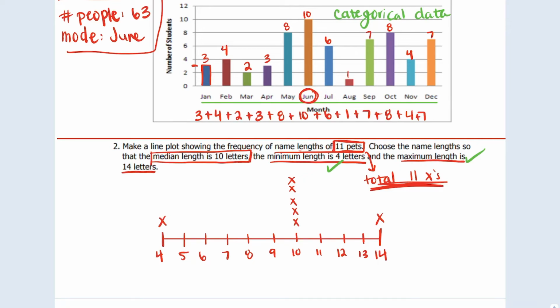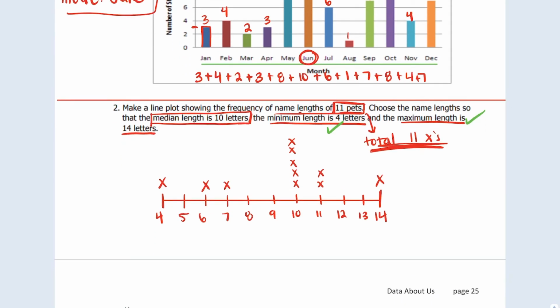Okay, so now I have a total of 7 x's. You can honestly place these last 4 x's anywhere you'd like. So I may put 1 at 7, I may put 2 at 11, and then I need 1 more, I'll put 1 at 6.